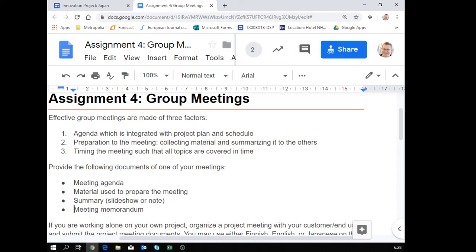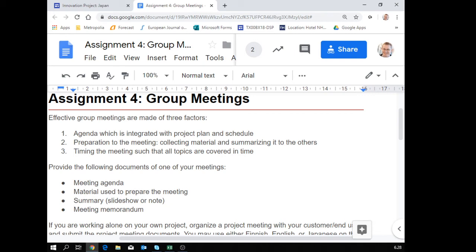Good. Then that's the preparation. And then timing. It would be nice if you, as the one inviting people to the meeting, had an exact time when it starts, 10 sharp.